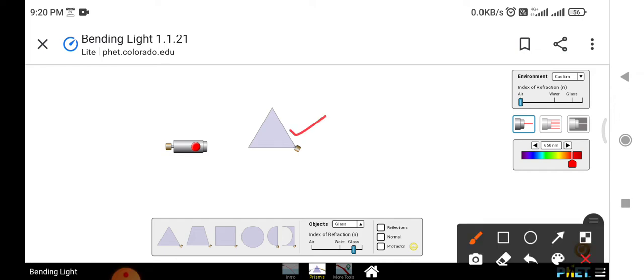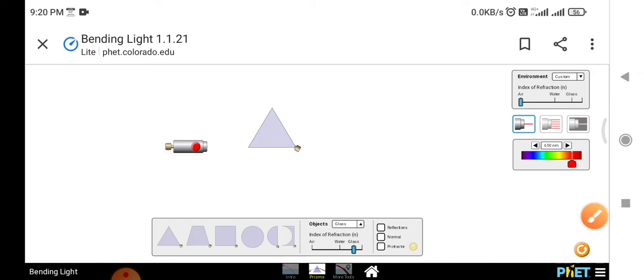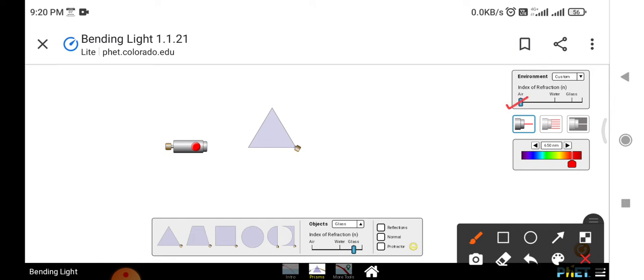And this is a glass prism. So here I took the air environment. The object is glass. This is glass and this is air.